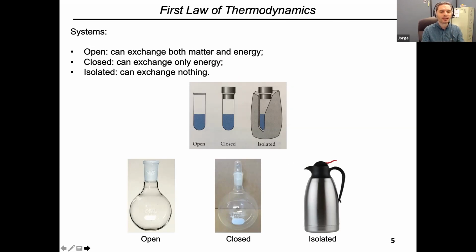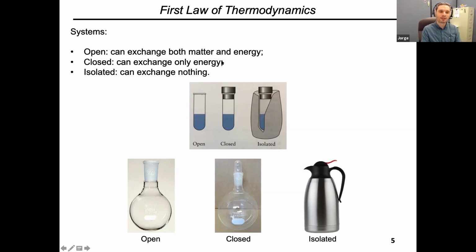An open system can exchange both matter and energy. For example, if you have a test tube with a chemical and the test tube is open, that is called an open system. Another example is a round bottom flask without a stopper.